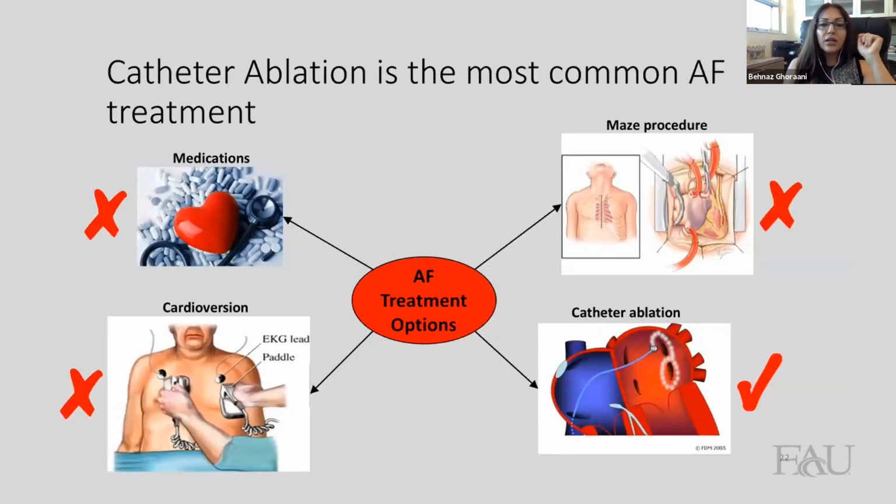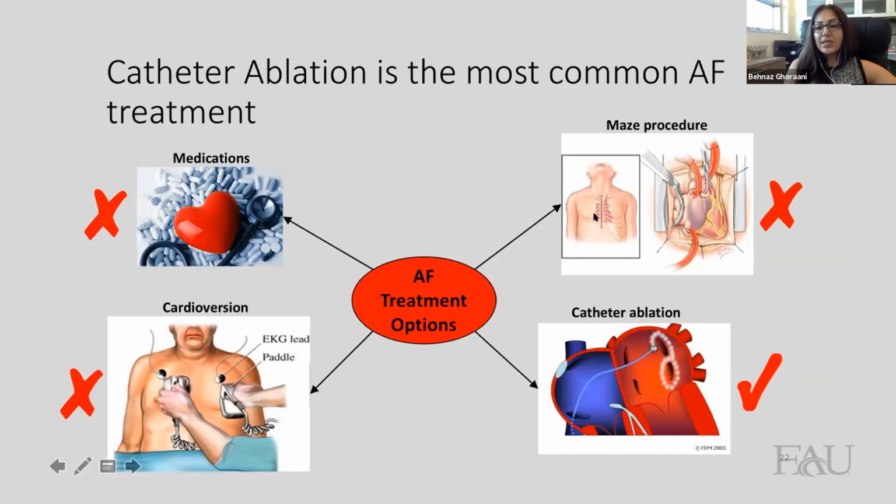So there are different ways for treatment. One is medication, which unfortunately is not very effective and has side effects. Sometimes they perform external cardioversion, but again, the AFib can return, so it hasn't been shown to be a permanent solution.